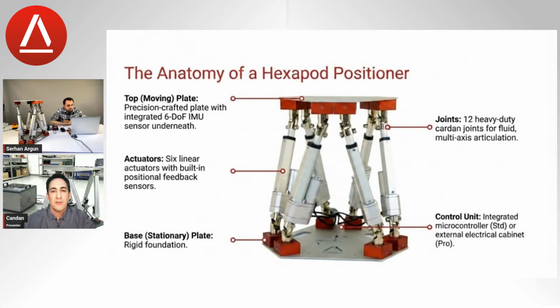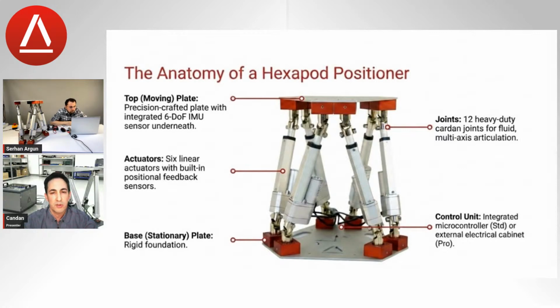We then have the joint parts. These are the parts where the actuators are connected to the plates, the red dots there. We have lots of these joints, and each joint is normally identical, but between different products from different manufacturers, there are different types of joints.